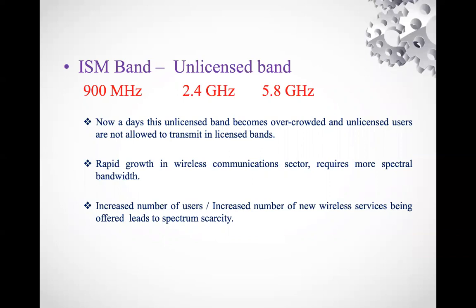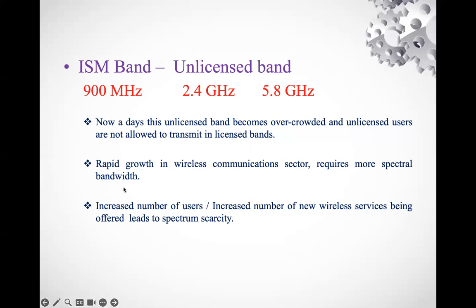And those users who have particular frequencies allocated for them are called the primary users. So primary users hold licensed frequencies. There is another group of users who are called secondary users. Secondary users do not have a frequency of their own, so they try to use unlicensed frequencies.